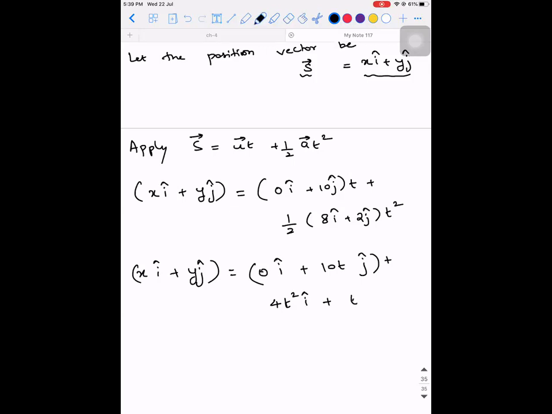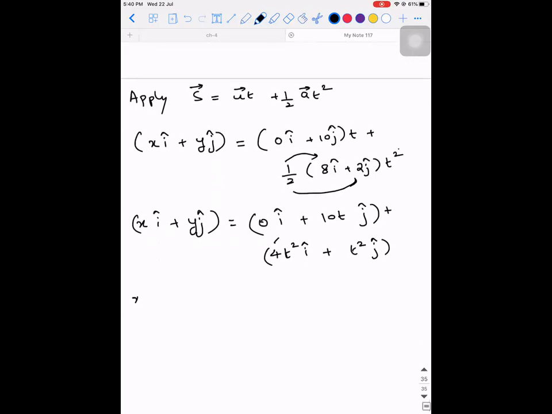Did you understand what I did here? I multiplied the half with 8 and half with 2. Half with 8 gives 4, half with 2 gives 1, and multiplying t square inside gives 4t square i cap plus t square j cap.